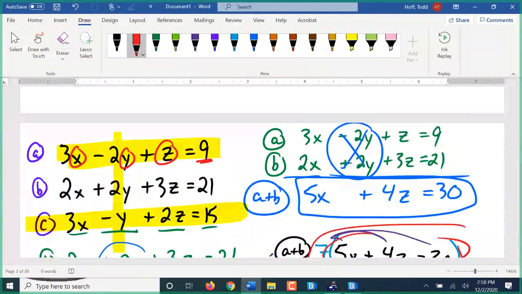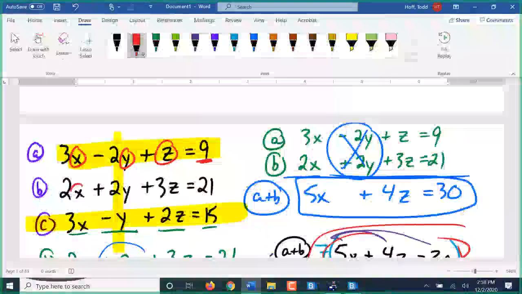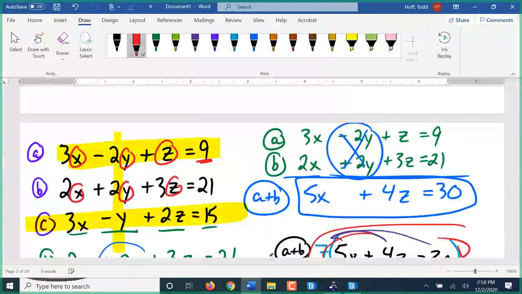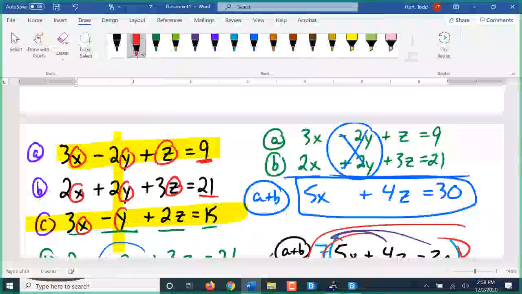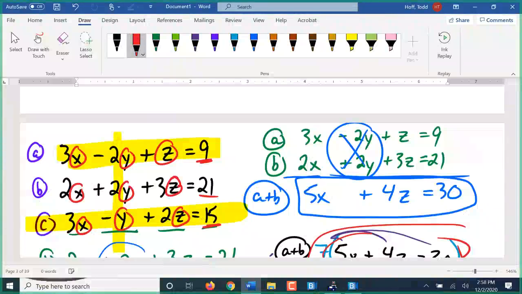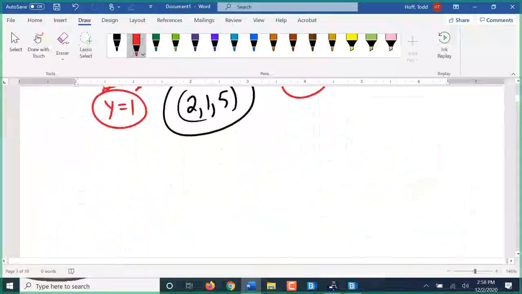An answer could work for one equation, but not the others. So 2 for x, 1 for y, 5 for z, make sure I get 21. Put in 2 for x, 1 for y, and 5 for z, and make sure I get 15 there. So we have to make sure we get those to work out. So you don't have to plug them back in to double check them, but it's a nice way to make sure you're doing it correctly.